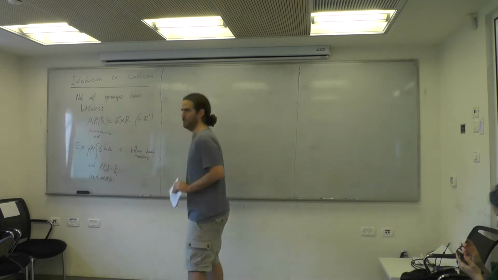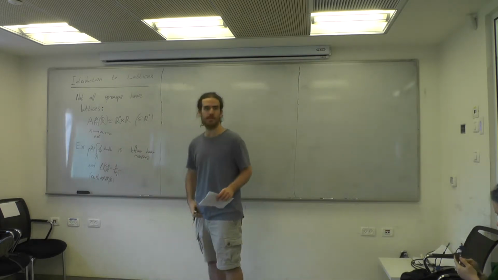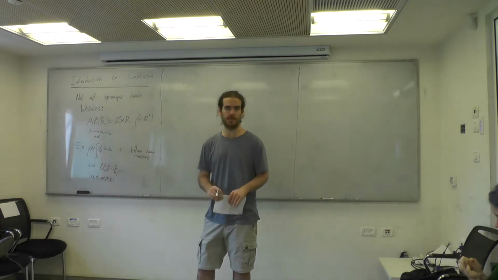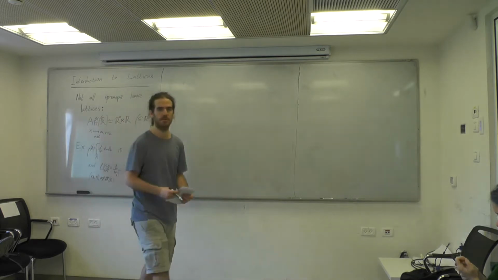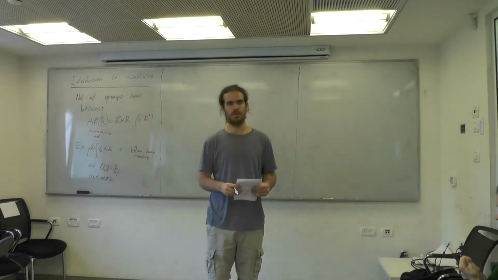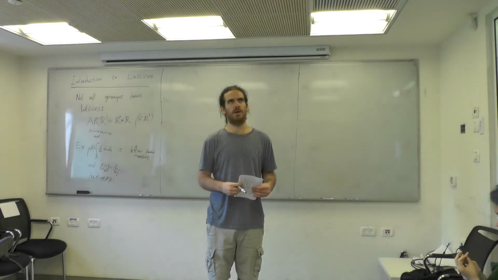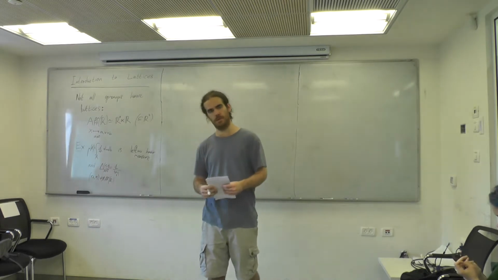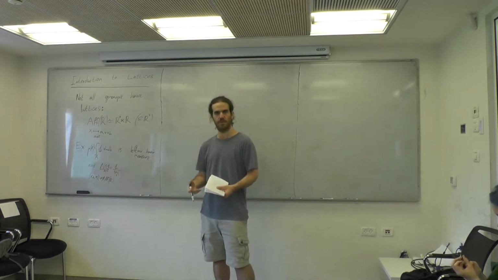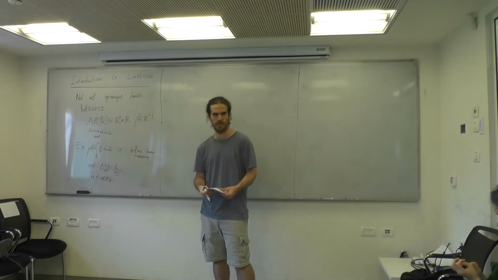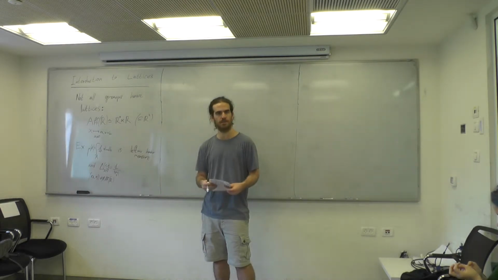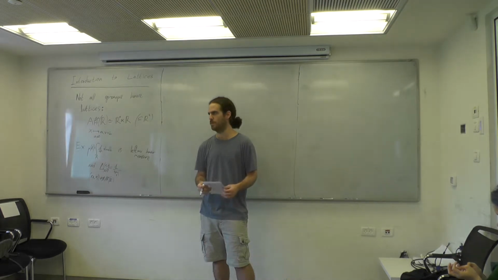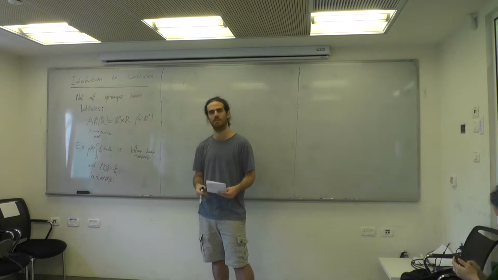So just an example I forgot: this group doesn't have any lattices, since it's not unimodular. Is there a group which has lattices but none of them are co-compact? Well, we'll mention hopefully in the future that SL_N(Z) is non-uniform in SL_N(R), but you do have co-compact lattices in SL_N(R).